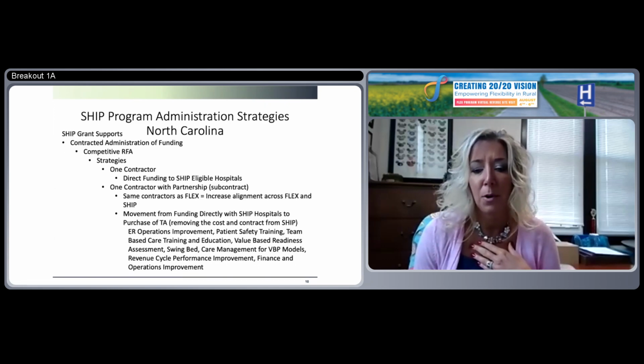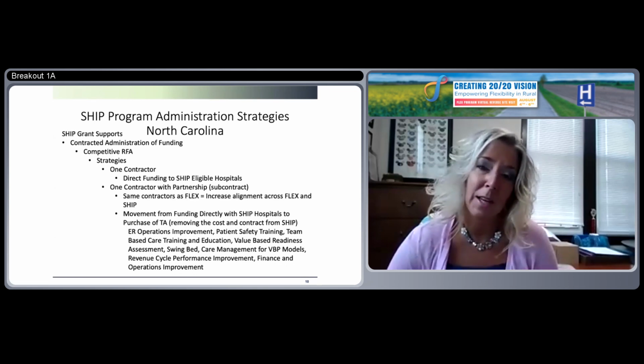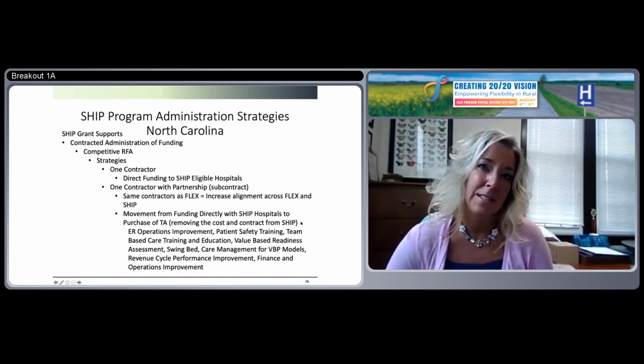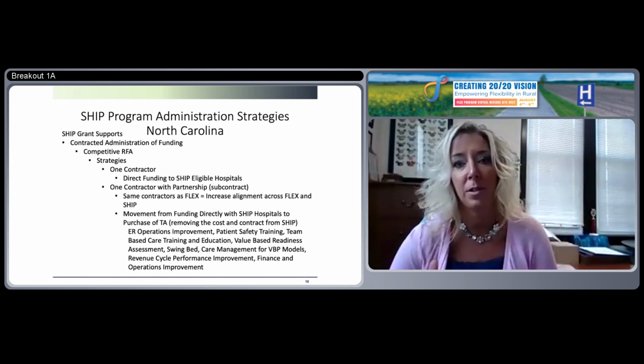All right. So our SHIP grant, as you can see, just like everybody else, we get a certain amount for each hospital. With the typical SHIP award, there's not a lot of incentive for the hospitals to contract with our state process for $10,000 to $12,000. Our contract, if you ever see it, because we're located in state government, it's like 30 pages long. You have to submit all these forms and provider documents.